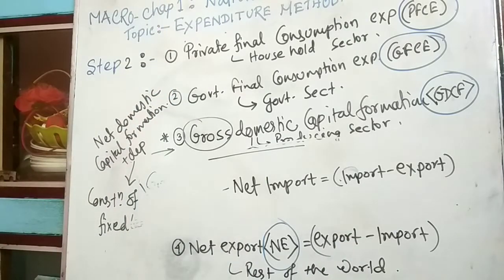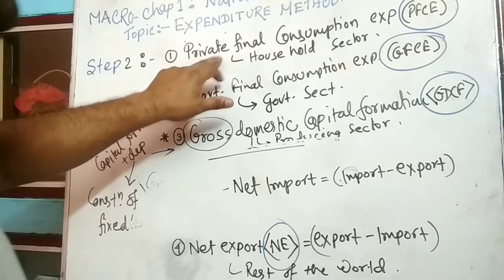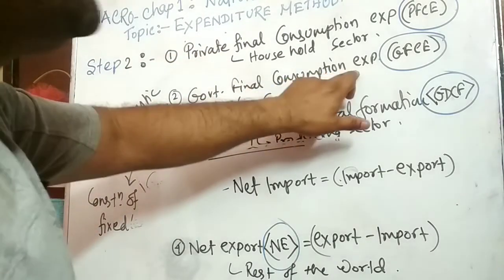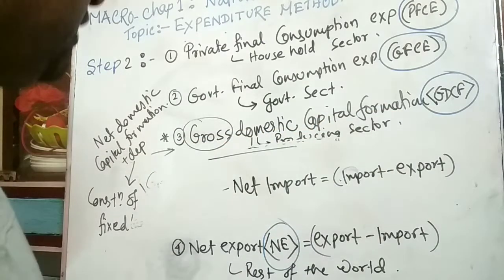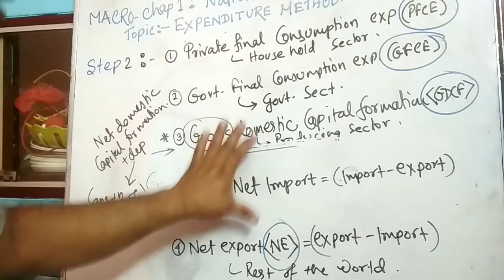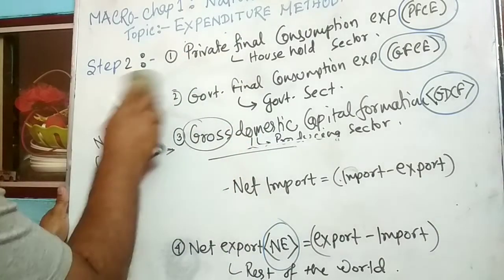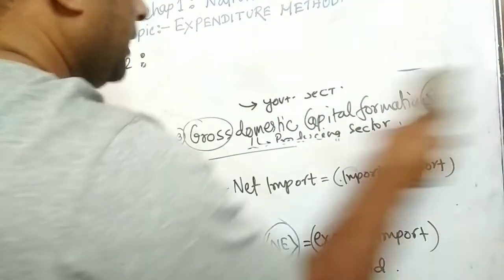Household sector: private final consumption. Government sector: government final consumption expenditure. Producing sector: gross domestic capital formation. Rest of the world sector: net export. Now we get all the 4 final expenditures made by the 4 sectors. From this we will calculate national income.